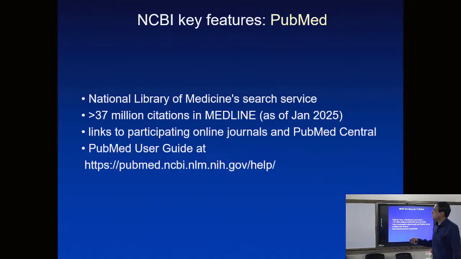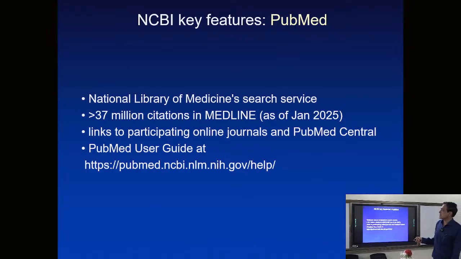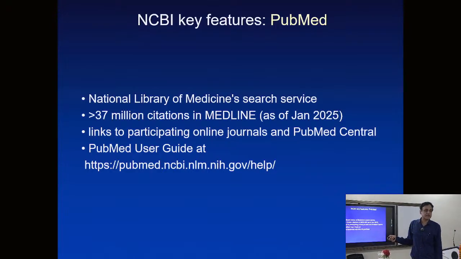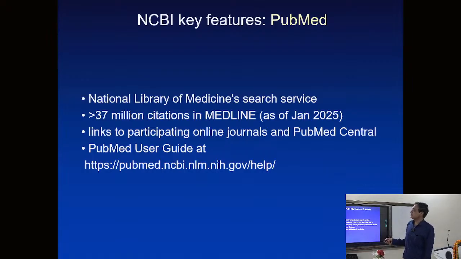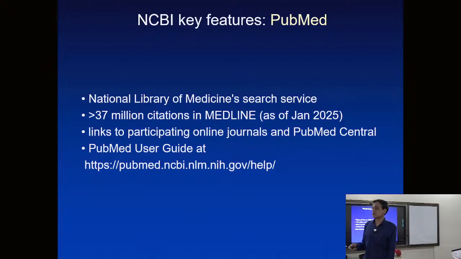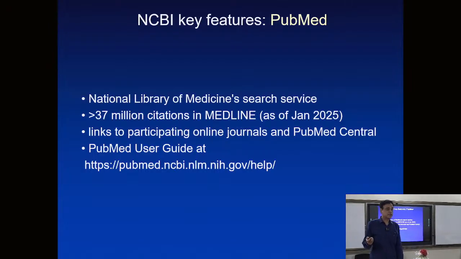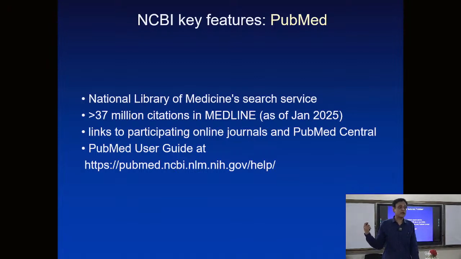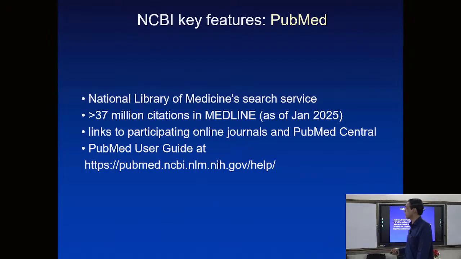There are over 37 million citations in PubMed. You will see links to participating online journals, so you will get links to research papers that you want to read. You can access the scientific literature there, the journal papers and so on.